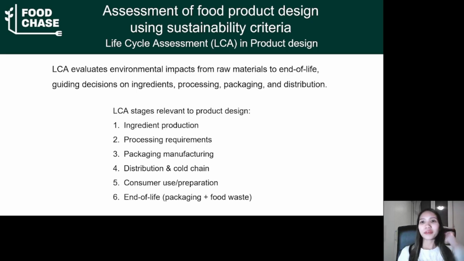Life cycle assessment is a practice that evaluates environmental impact from raw material to end of life, guiding decision on ingredients, processing, packaging, and distribution. In a life cycle assessment, we have to evaluate the following things, including ingredients production, processing requirement, packaging, manufacturing, distribution, and cold chains, consumer use, and end of life, including both packaging and food waste.